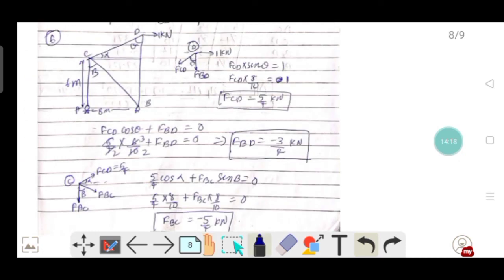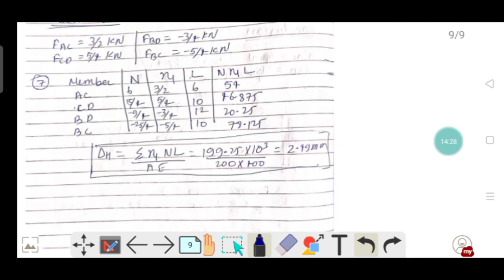In this question, horizontal deflection is asked at point D, so we apply unit load in the horizontal direction, and then by using the formula we calculate the horizontal deflection. In this way you can solve question number 8, question number 9 and question number 10 also.